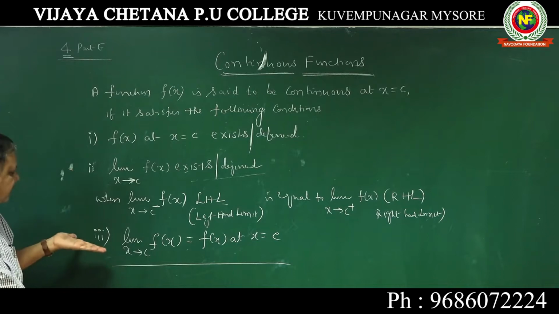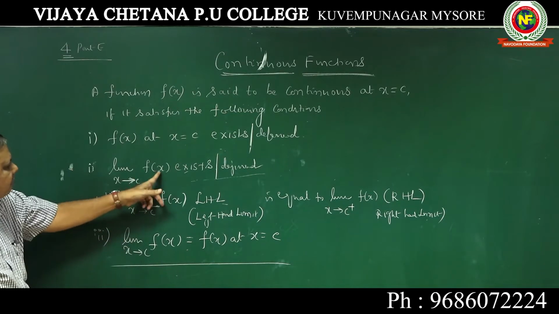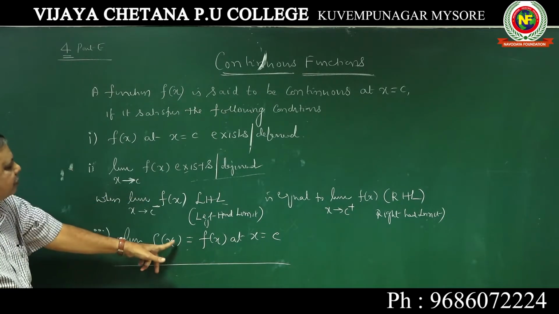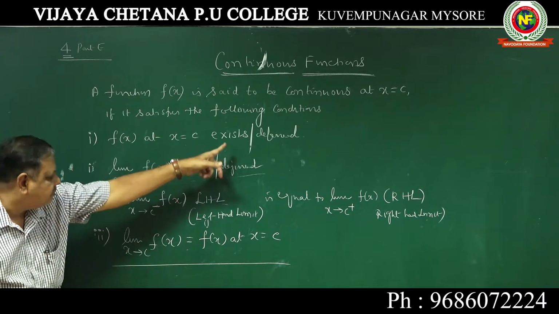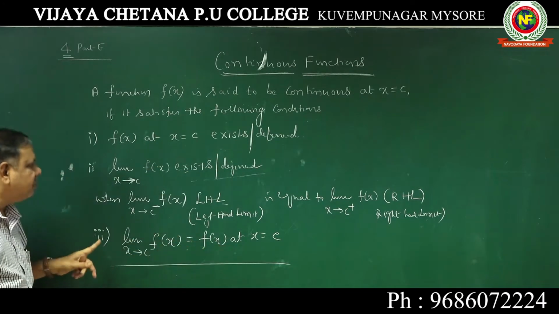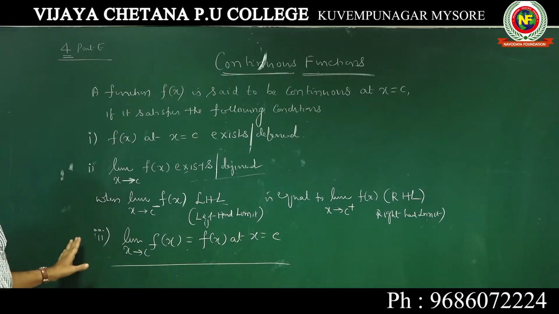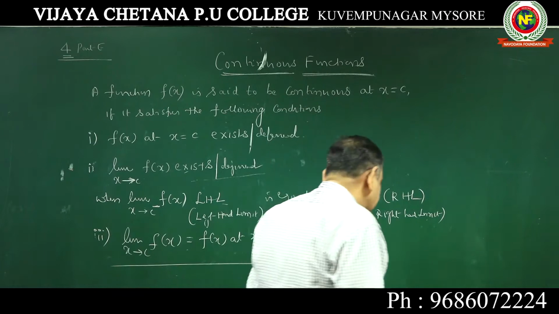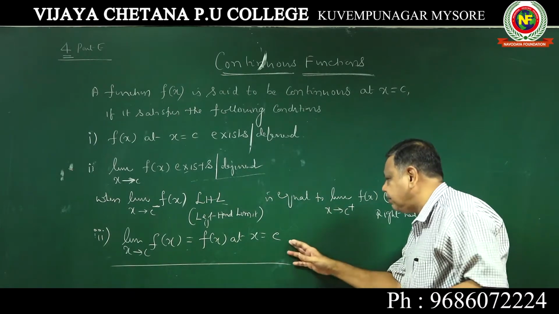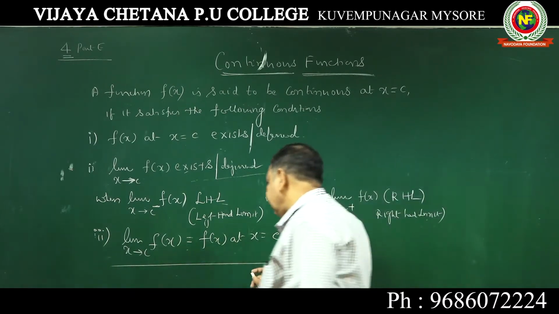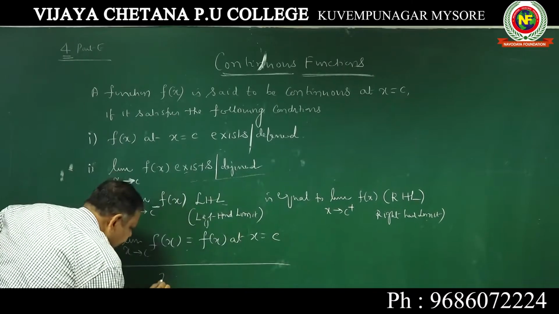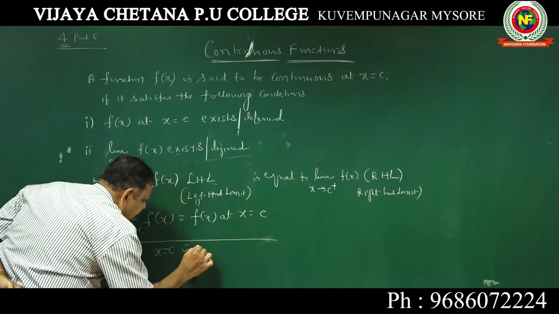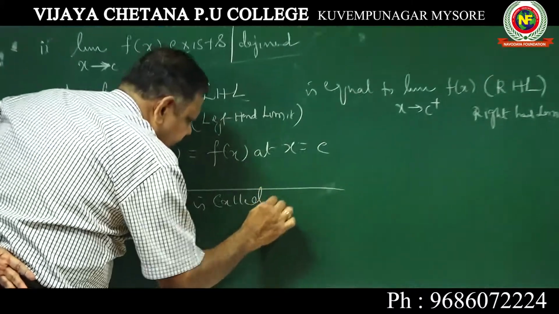That is, the limit as x tends to c of f(x), the value you get, should be equal to f(x) at x equal to c, the defined value. If both are the same, since all three conditions are satisfied, you can say that the given function f(x) is continuous at that particular point, and x equal to c is called the point of continuity.